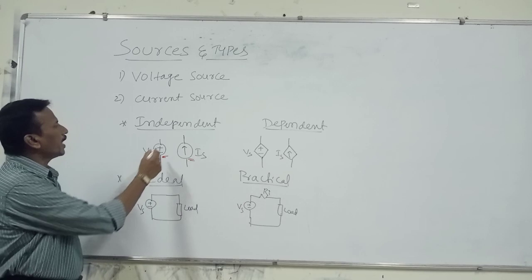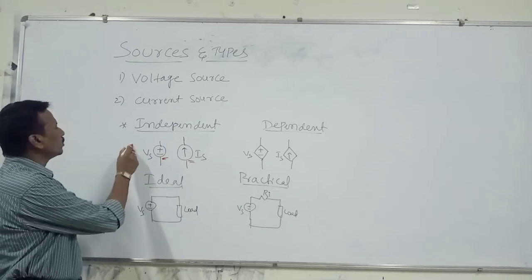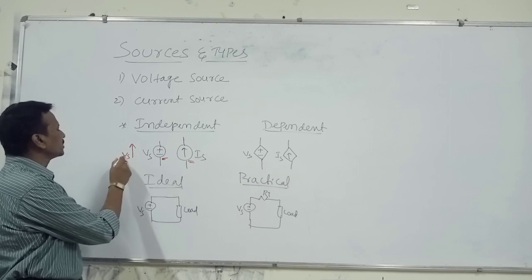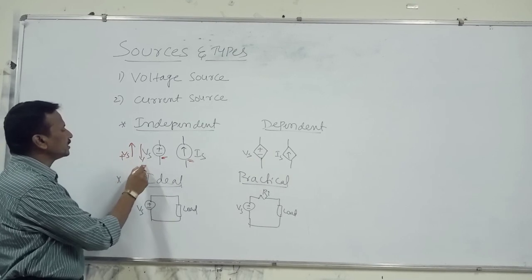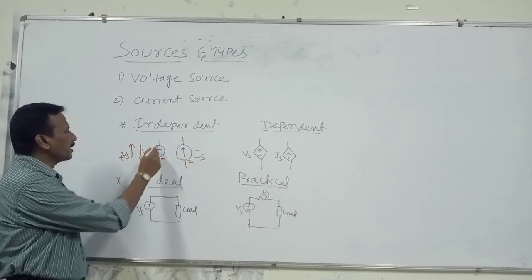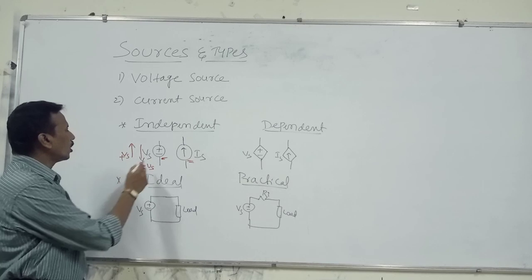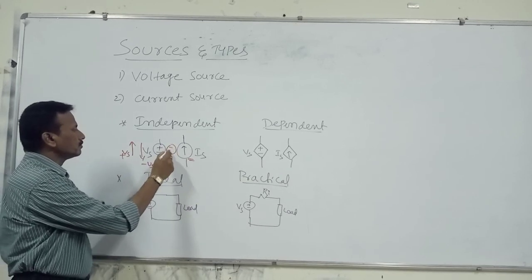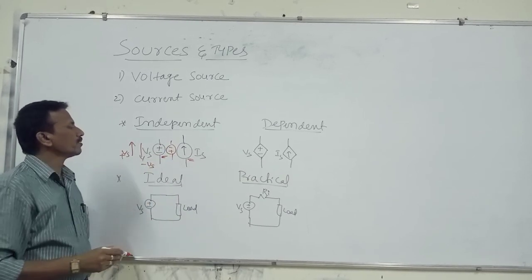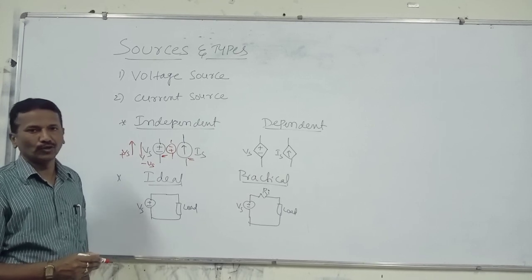Again, independent sources are divided into 2 types: rising voltage is plus Vs and falling voltage in terms of minus Vs. Minus plus is your rising voltage, and plus minus is the falling voltage.